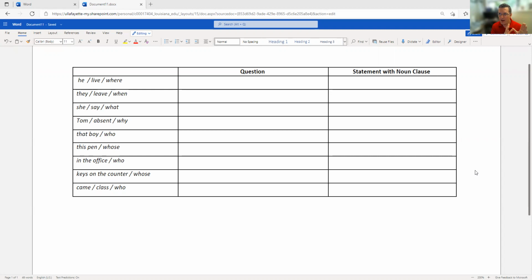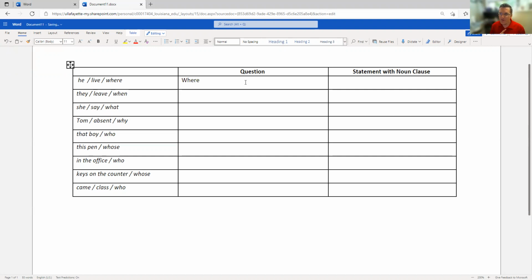On the left side of this column, I have some words, and I want to form that into a question. So for example, the first example, he live where? If I wanted to make this a question, what would I do? Okay, well, we know in English that the question word always comes first. So I need where, right?